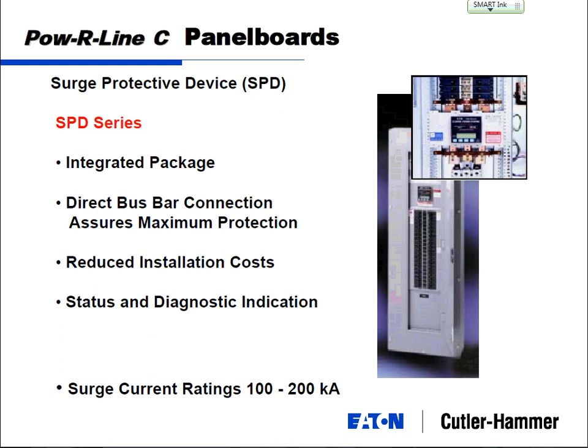So maybe it's 800 volts, your let-through voltage. You extend this and mount it outside the panel board by 20 feet, you add a little more impedance into the circuit, and your 800 volts might get knocked up to 1200 volts let-through. So you're decreasing the protection on your equipment by mounting it external to the panel. Sometimes you have no option, but as a designer, you always want to optimize the protection for your customer.